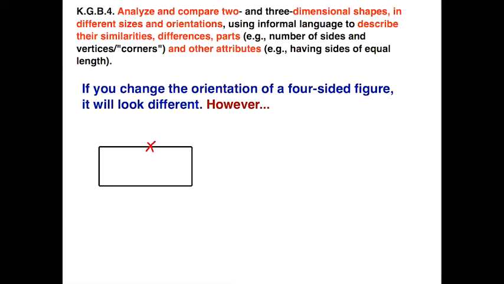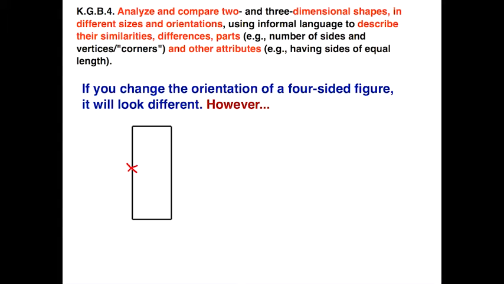However, what if we start off with a rectangle and we put an X on one of the segments to identify that specific one, and let's say we rotate that to where now that segment is on the bottom instead of the top. But if we remove those X's, you can't tell one rectangle from the other. It looks like it never changed orientation.